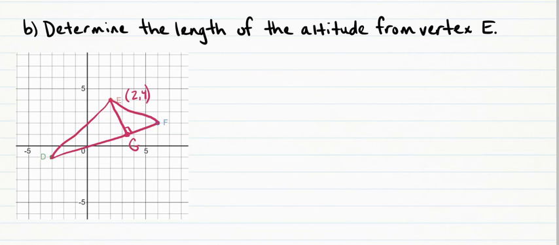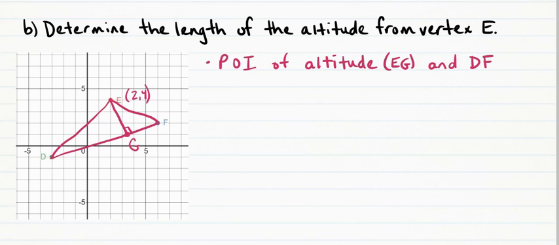So we know that we need to find the point of intersection of the altitude, which is line segment EG, and line segment DF. So we want the point of intersection between those two things.